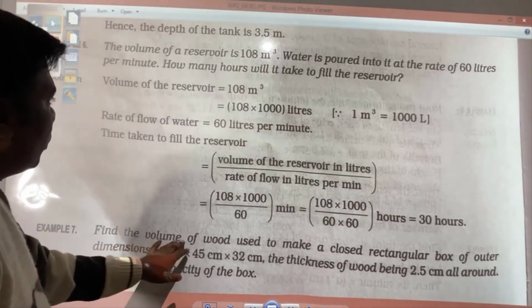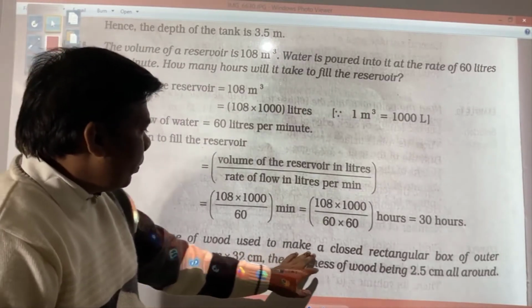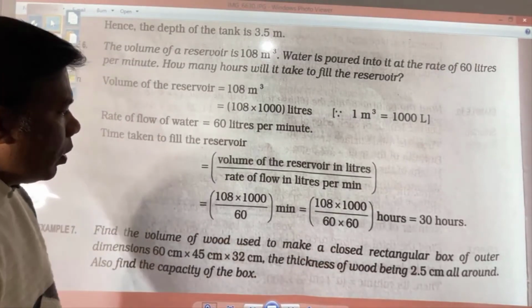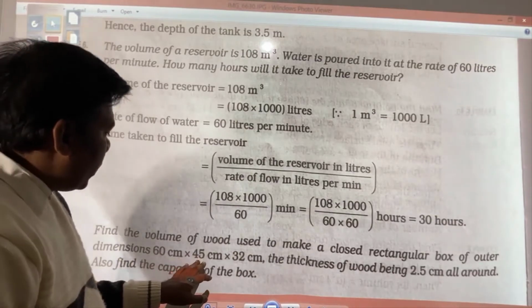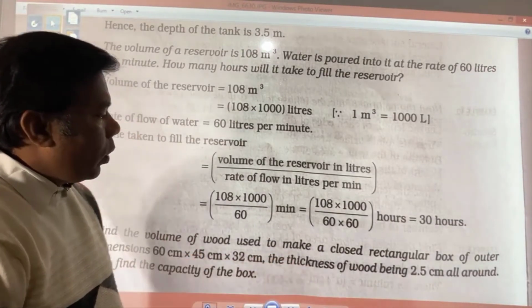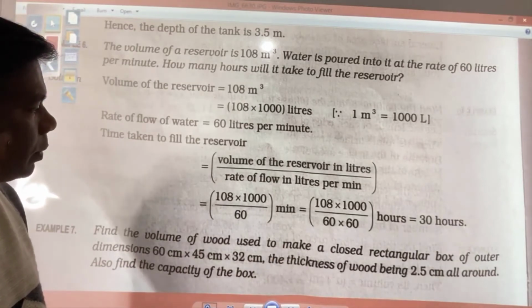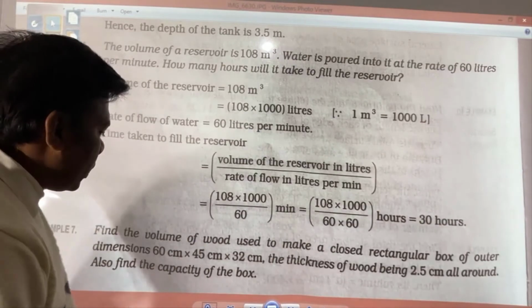Find the volume of wood used to make a closed rectangular box of outer dimension 60 cm into 45 cm into 30 cm. The thickness of the wood being 2.5 cm all around. Also find the capacity of the box.